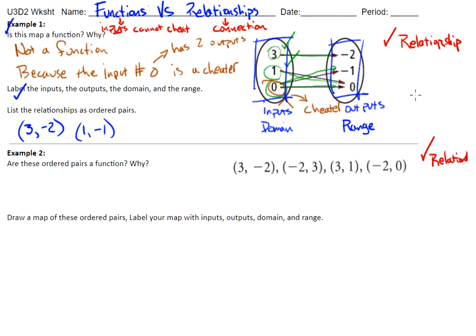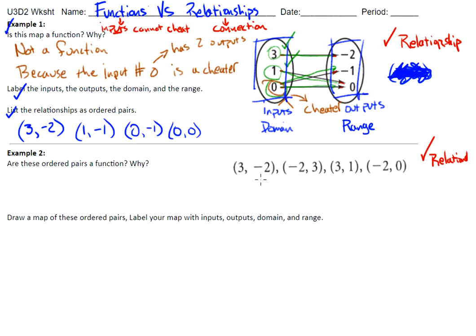But I'm not allowed to do some really weird triple ordered pair. That doesn't work. That's kind of why functions don't work when we have cheaters. So we have to have 0 to negative 1, and we have 0 to 0. And then we're done. Example 1 is finished.